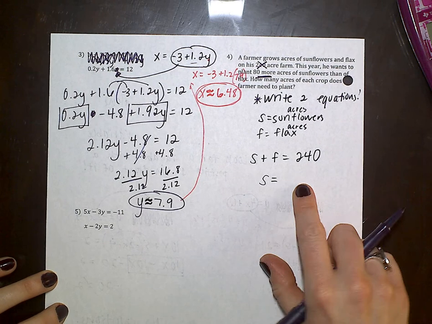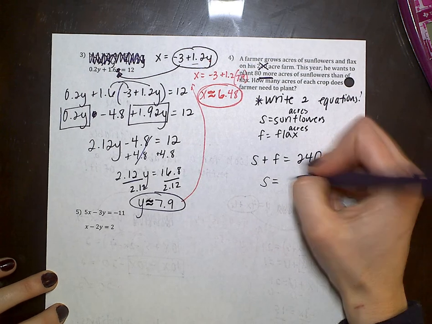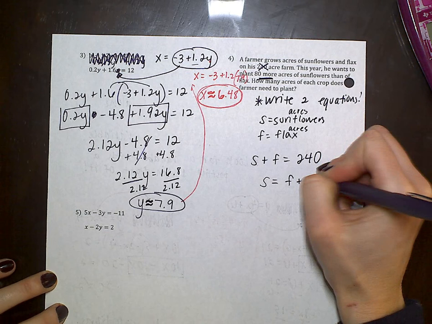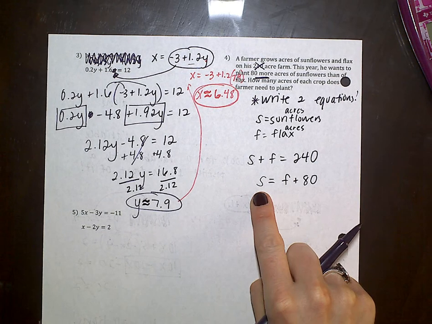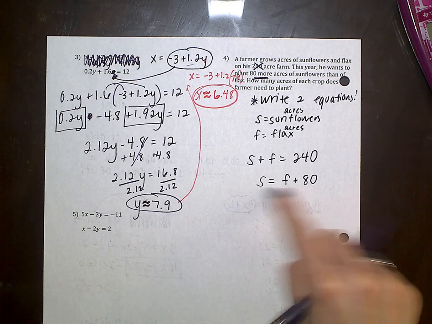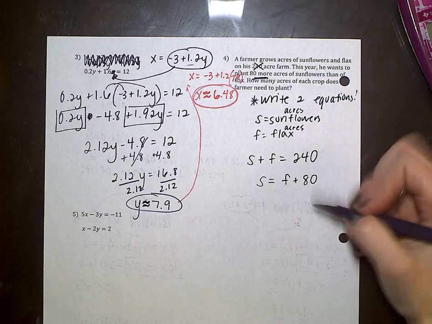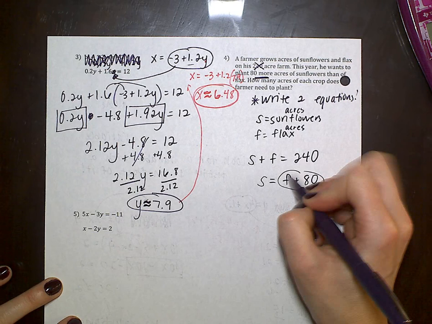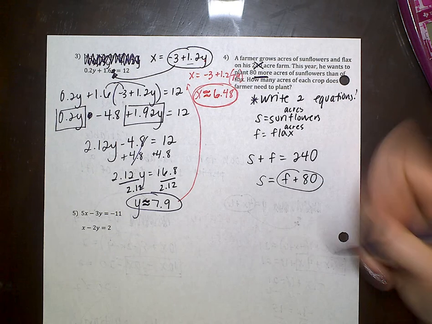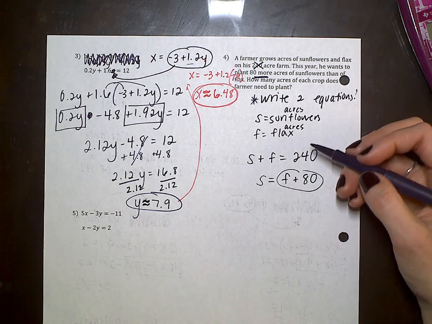So on the other side, I need to take the flax and I need to add 80 to it, and that number of acres will equal how many sunflowers I have. That equation can be kind of tricky, but now I can see that it'd be set up for substitution. So I could take this and I could substitute it for S and I could solve it from there. Again, I'm not going to waste your time doing that right now.